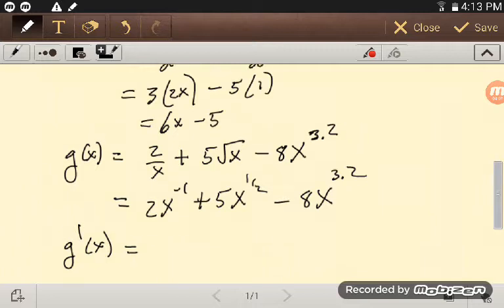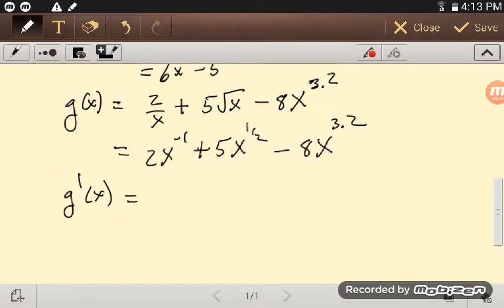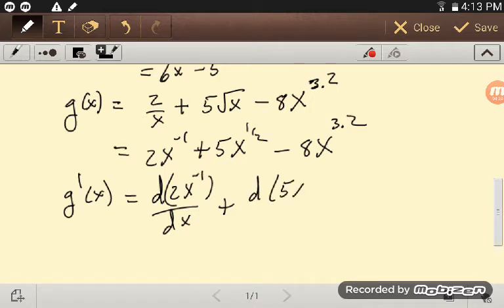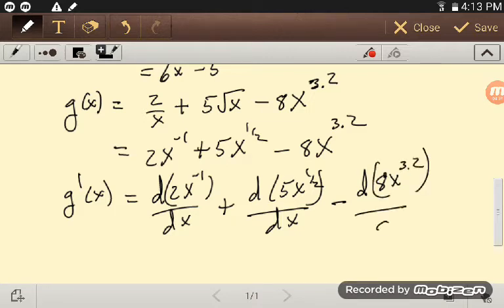And so now when I find g prime of x, the derivative, I'm taking the time right now to go through all of this, right? So first I see sums and differences, so that's the derivative of 2x to the negative 1 with respect to x, plus the derivative of 5x to the 1/2 with respect to x, minus the derivative of 8x to the 3.2 with respect to x.